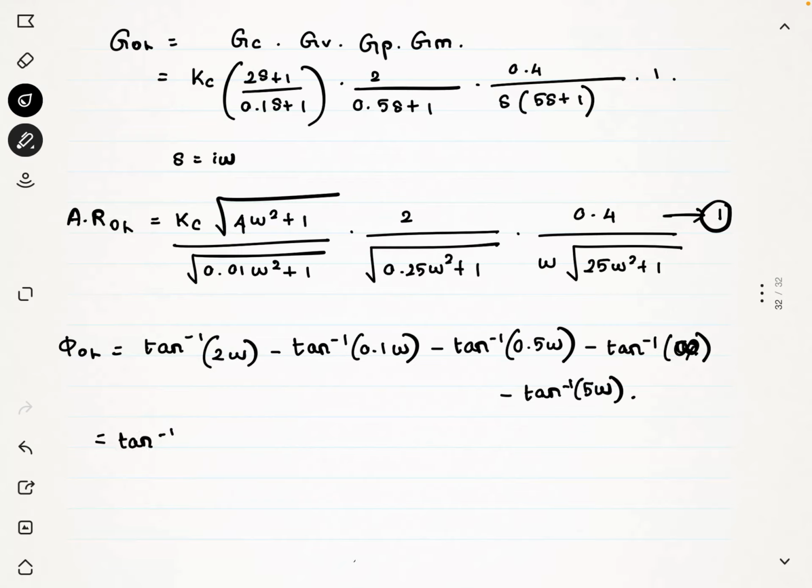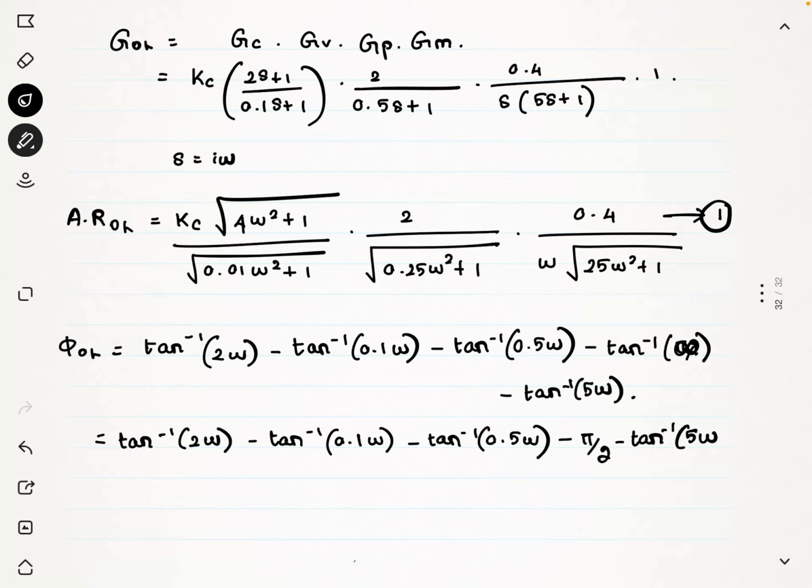So tan inverse of 2 omega minus tan inverse of 0.1 omega minus tan inverse of 0.5 omega. Tan inverse of infinity is pi by 2, minus tan inverse of 5 omega. So let this be equation 2, and this shall be the equation for the phase angle.